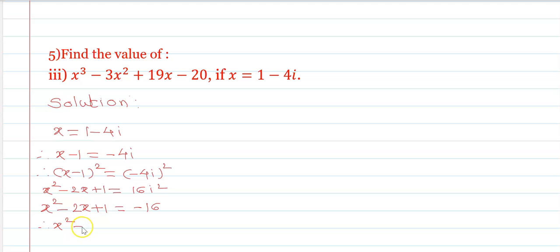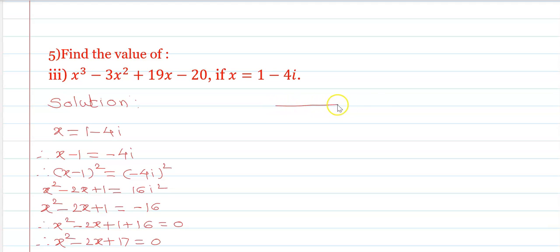x square minus 2x plus 1 plus 16 is equals to 0. Therefore x square minus 2x plus 17 is equals to 0.